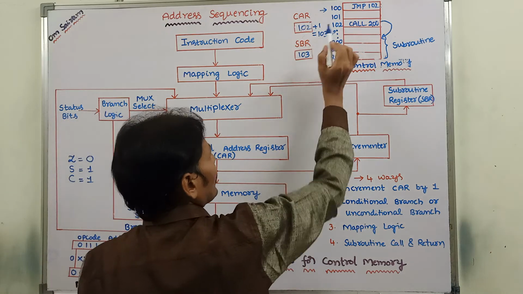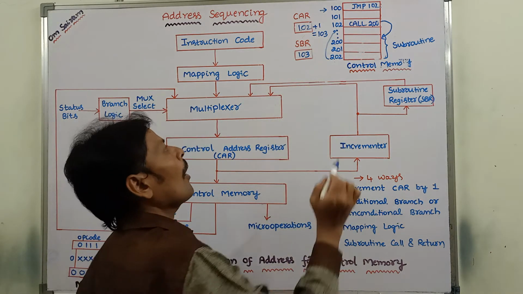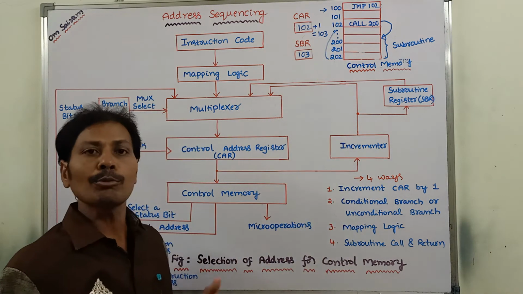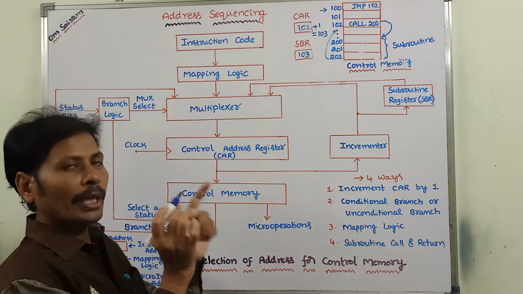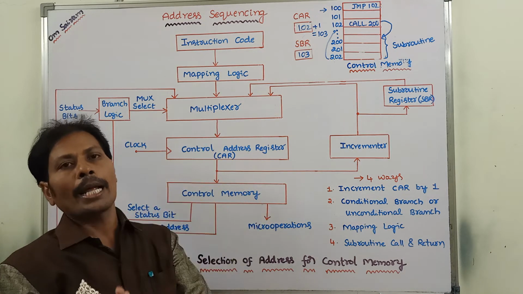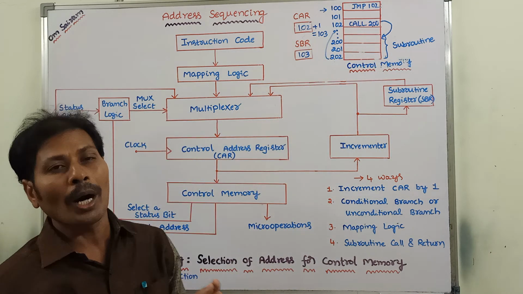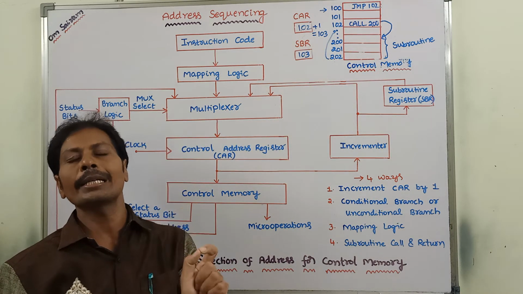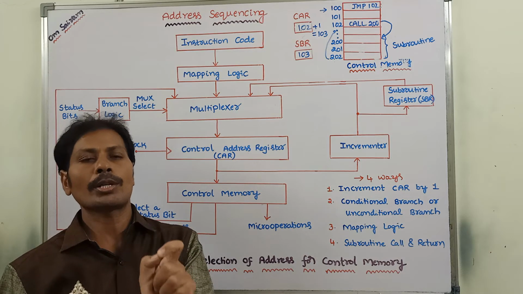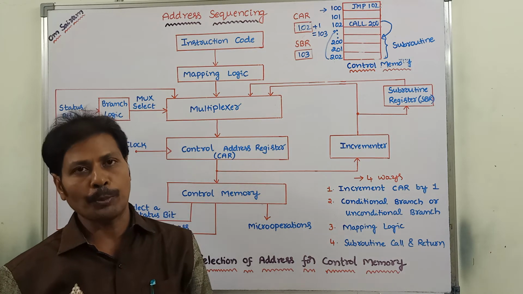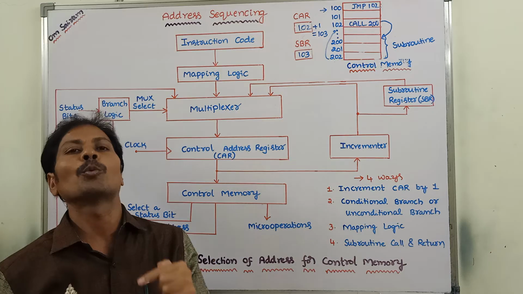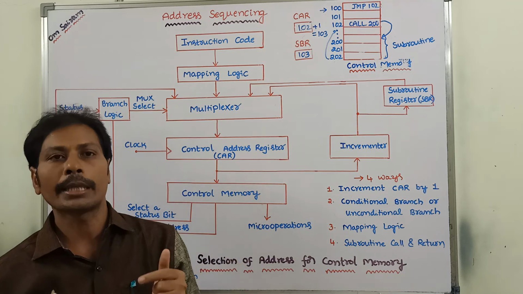While executing the subroutine call at microinstruction 102, the program control immediately transfers from the 102 instruction to the 200 instruction. 200 is the starting instruction address of the subroutine. At that time, we have to store the return address.